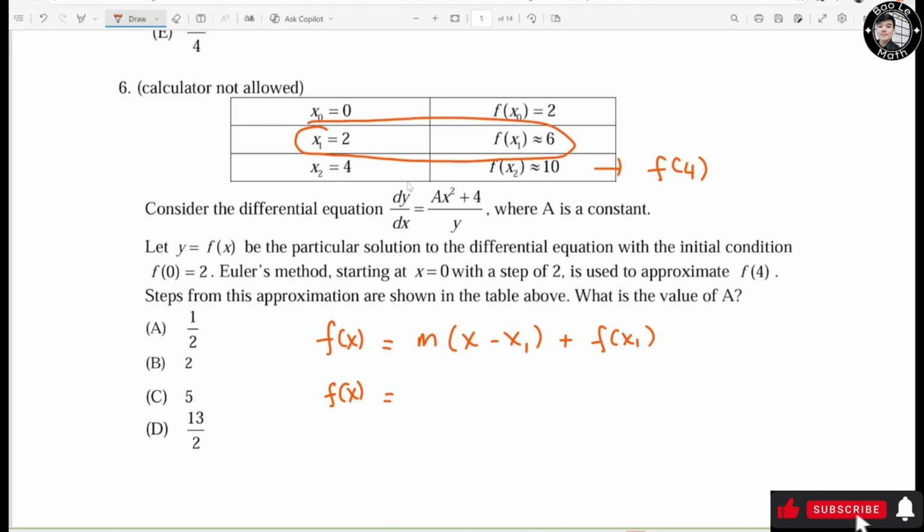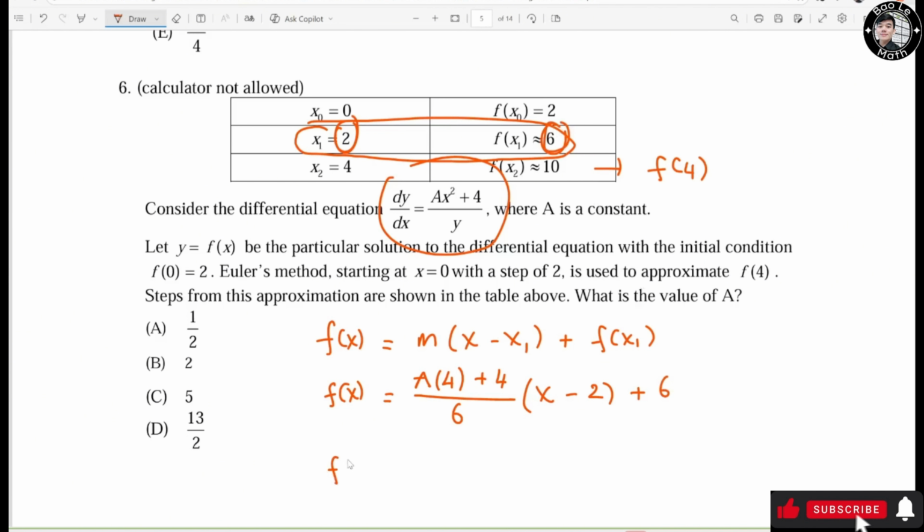So the slope is given by this formula, right? So we have a times s squared, s equals 2 right here, so it could be 4, right? Plus 4 divided by the y value, actually 6 right here, times s minus s1, which means 2, plus f of s1, which means 6, right?